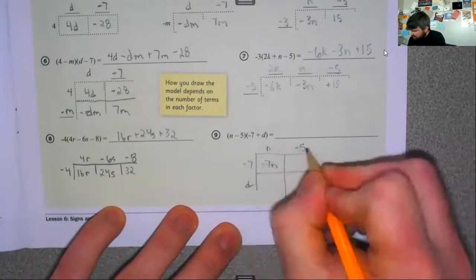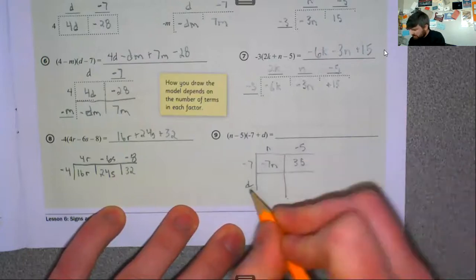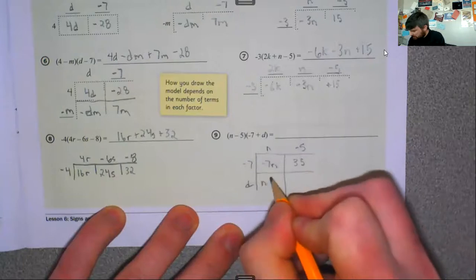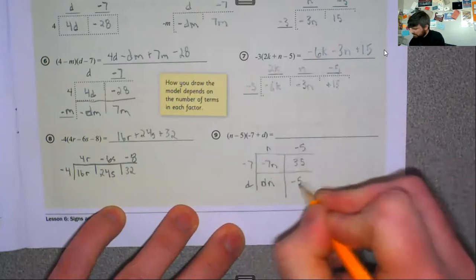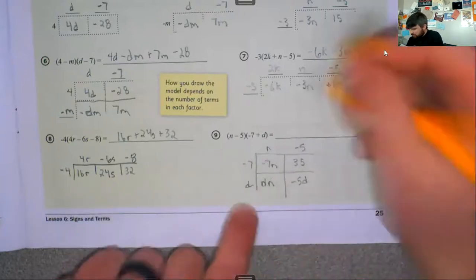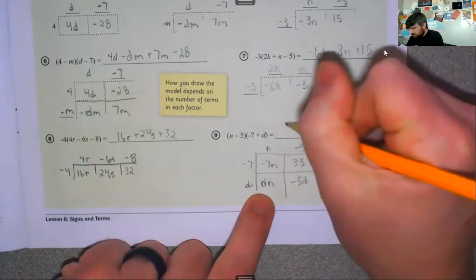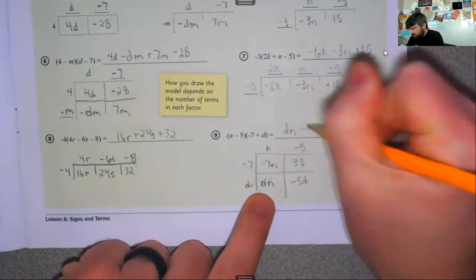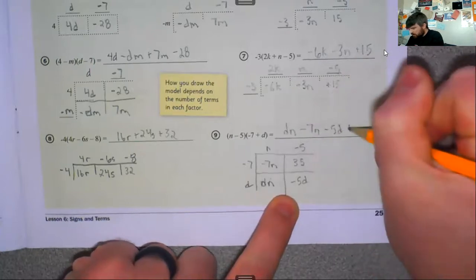Negative 7 times negative 5 is a positive 35. D times n is nd, or dn if you go alphabetical. D times negative 5 is negative 5d. Okay, so again, it doesn't matter the order that you're writing these in. So I could go dn minus 7n minus 5d plus 35.